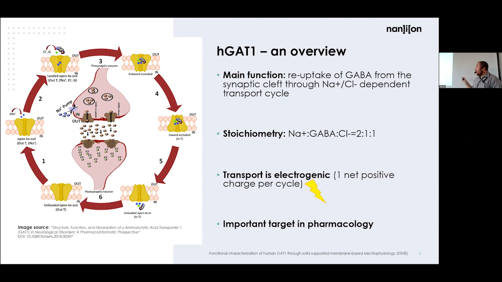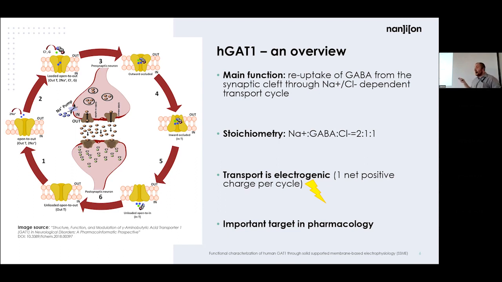And so for the stoichiometry, we have that for each GABA molecule that is reuptaken, 2 sodium ions and 1 chloride ion are co-transported. So this is the most currently accepted. Actually, there is some debate about the number of sodium ions that are co-transported, and also if the chloride is actually always coupled in this way.